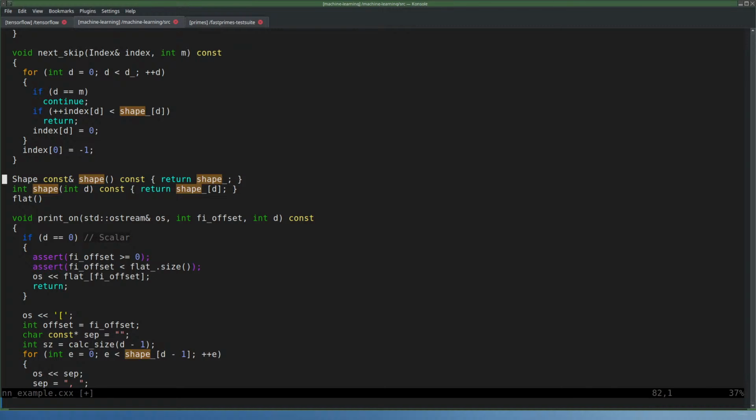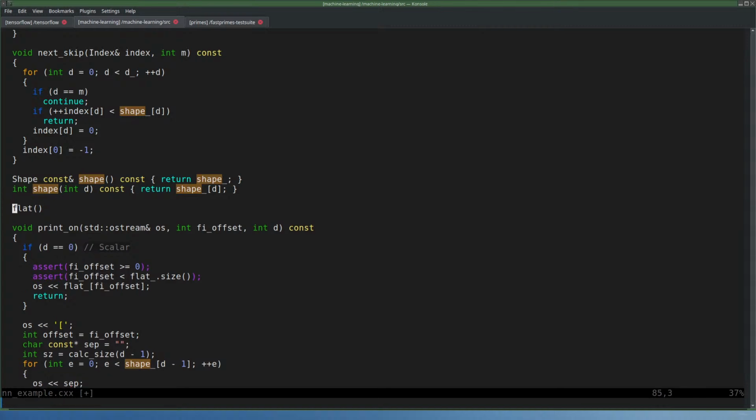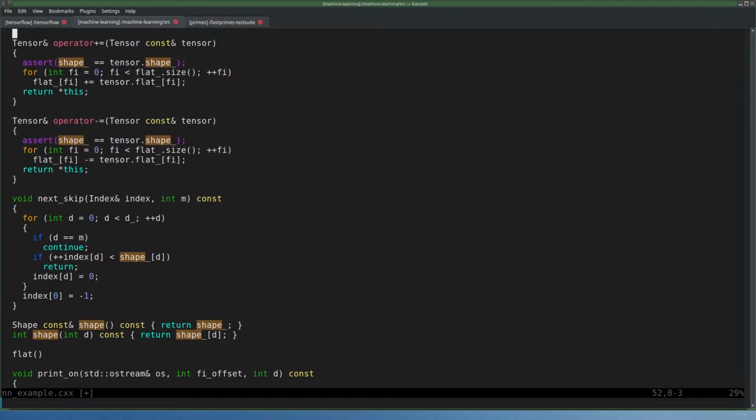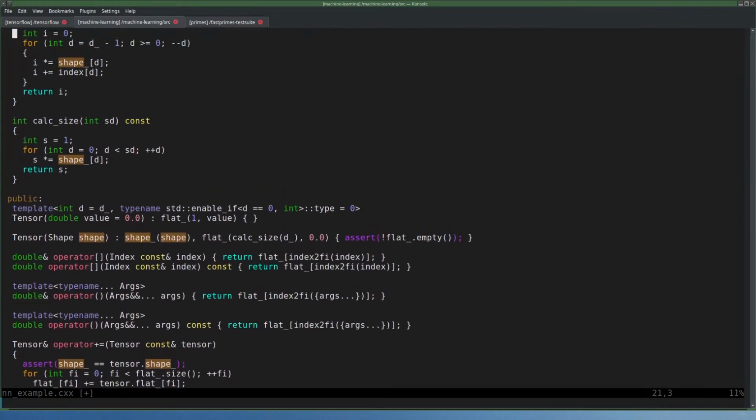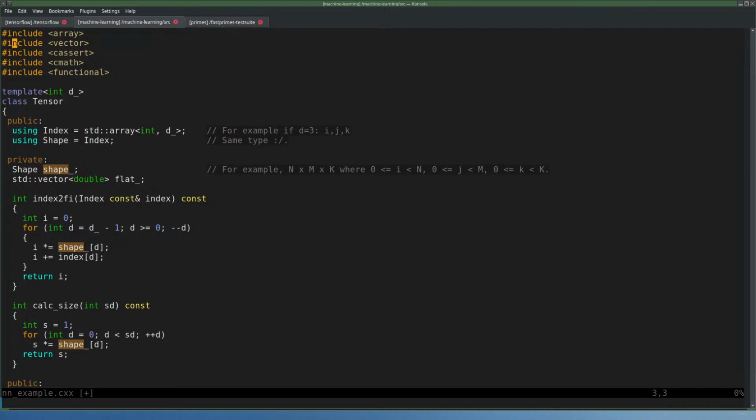So accessible shape. Flat. Don't tell me I have to add a type of flat as well. I guess I do.